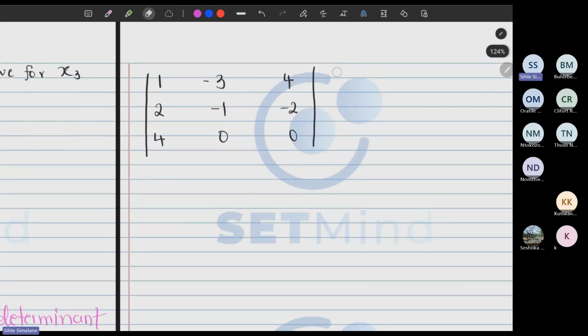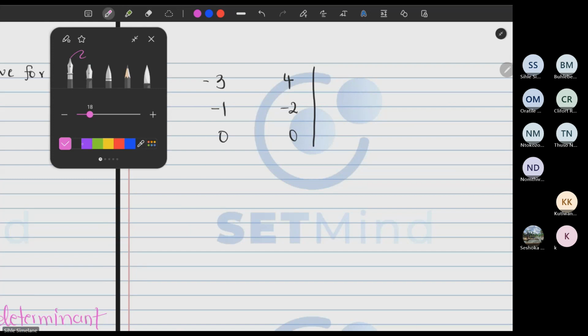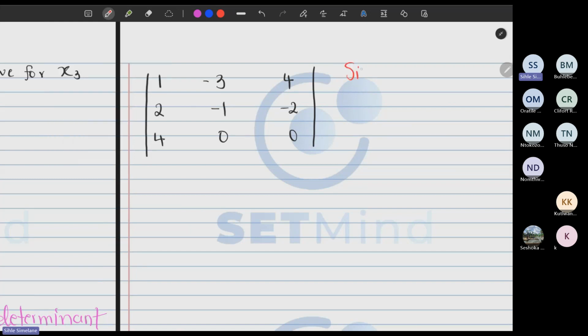So if you remember, when we are looking for the determinant, the first thing which we must have on our page is our sign matrix. Our sign matrix, if you recall, is plus, minus, plus, minus, plus, minus, and then plus, minus, plus.